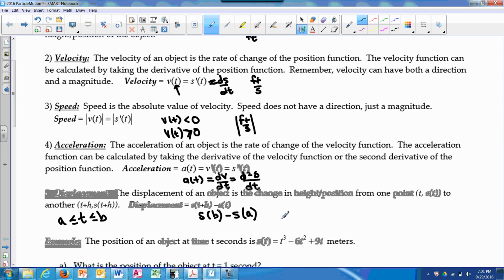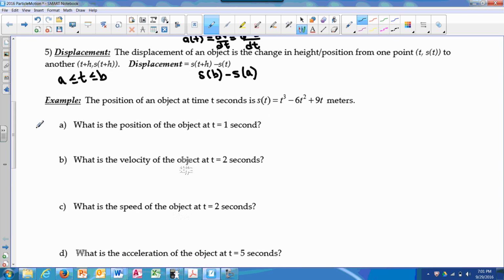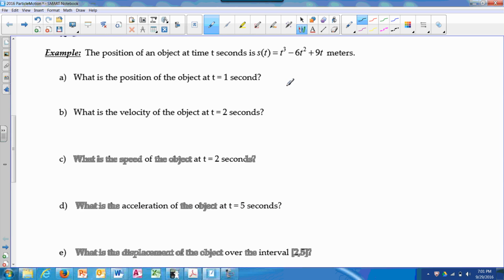Acceleration of an object is the rate of change of velocity. So acceleration is the slope of velocity. So it's speeding up or slowing down, so it's a change in velocity over time, which means it's the second derivative of position with respect to time.